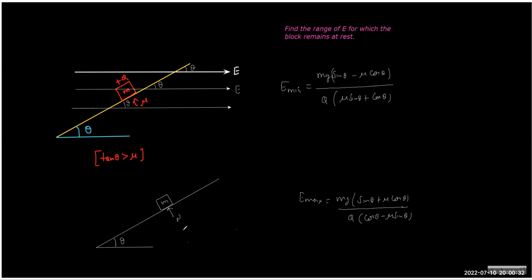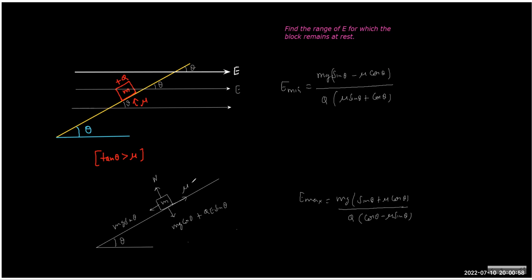Let me just do the same logical way. So mg cos theta like this, normal like this, and QE sin theta like this. And down the plane will be mg sin theta. And friction on the opposite.